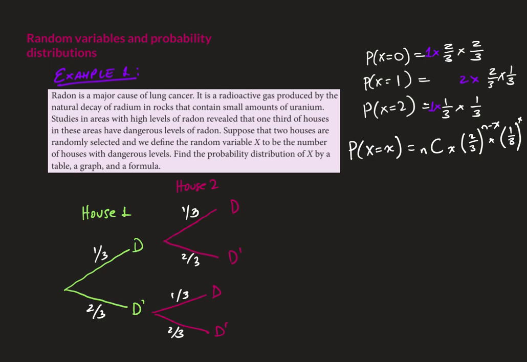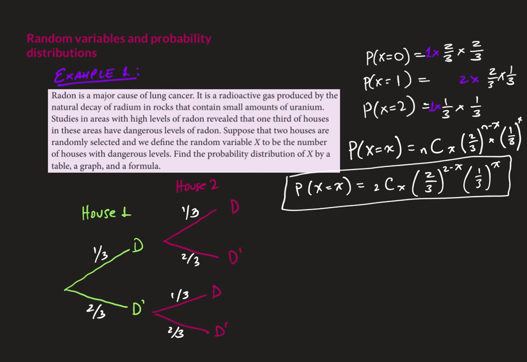So the exponent of 1/3 is x. Now, in this particular case, we have only two houses, so we can substitute n back, and we get that the distribution for the random variable x can be expressed with the equation 2 choose x, times 2/3 to the power of 2 minus x, times 1/3 to the power of x. So we used the tree diagram to create an equation for the probability function.